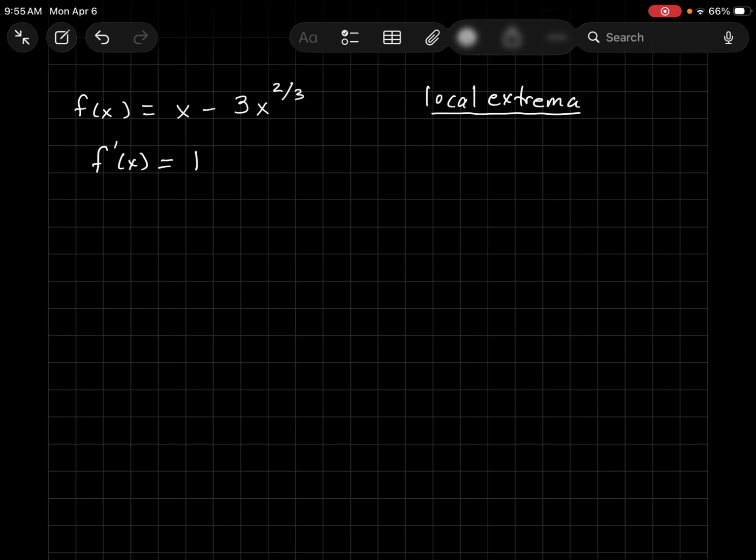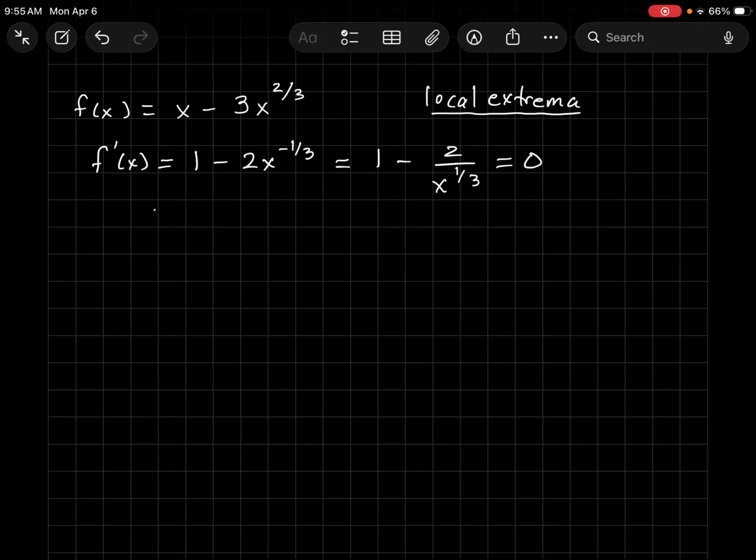So if I take the derivative, I get 1 minus 2x to the negative 1/3, or 1 minus 2 over x to the 1/3. And let's set that equal to 0. We will solve that.